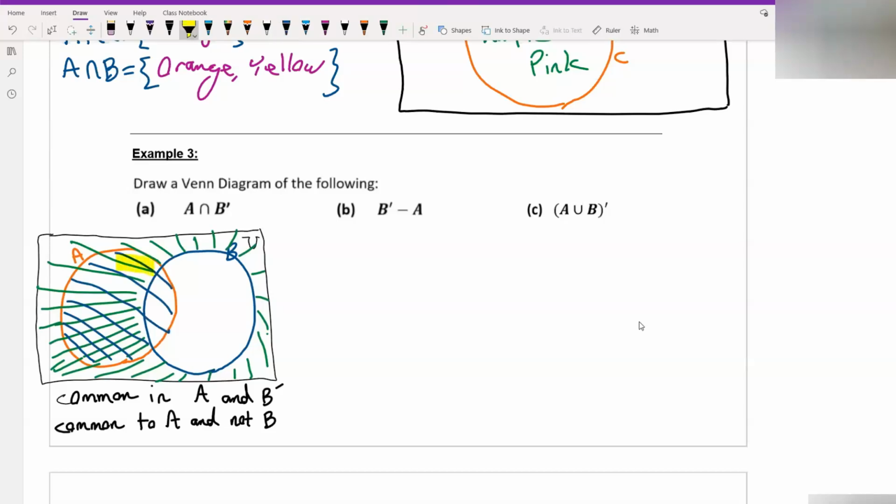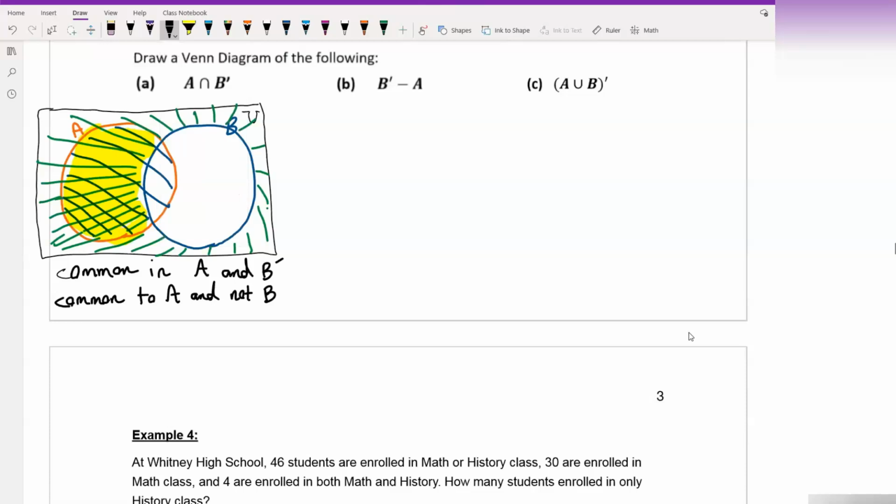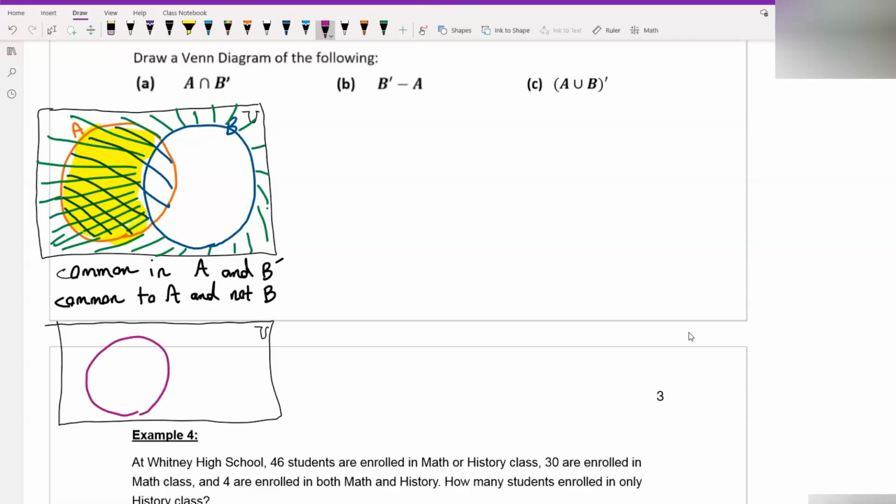This is the part that we have in common. I'll redraw that one to just have the final answer, the yellow part. Okay, so this is the final answer.